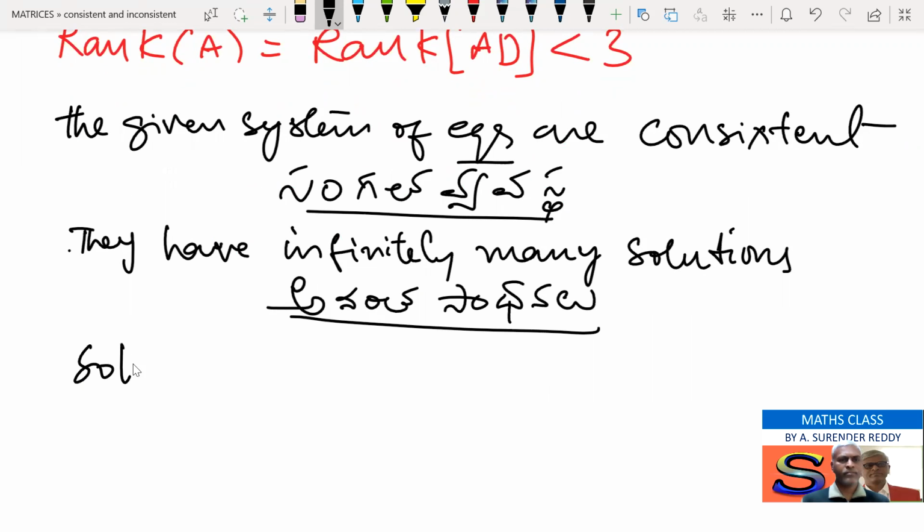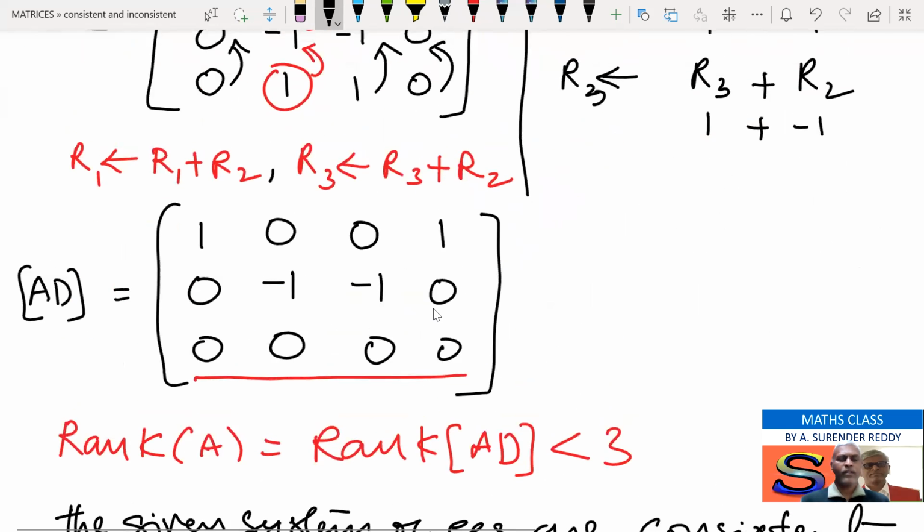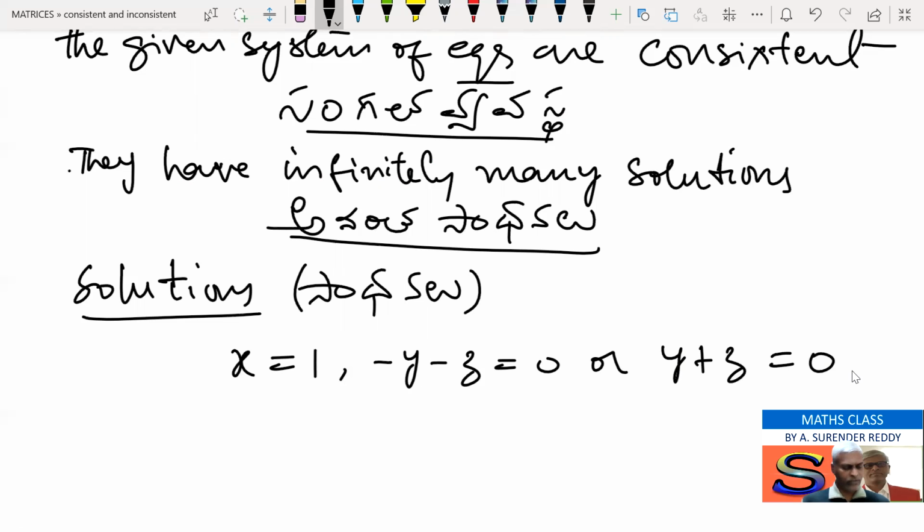And if you take the second row, -1 represents y and z: minus y minus z is equal to 0, or multiplying by minus, y plus z is equal to 0.